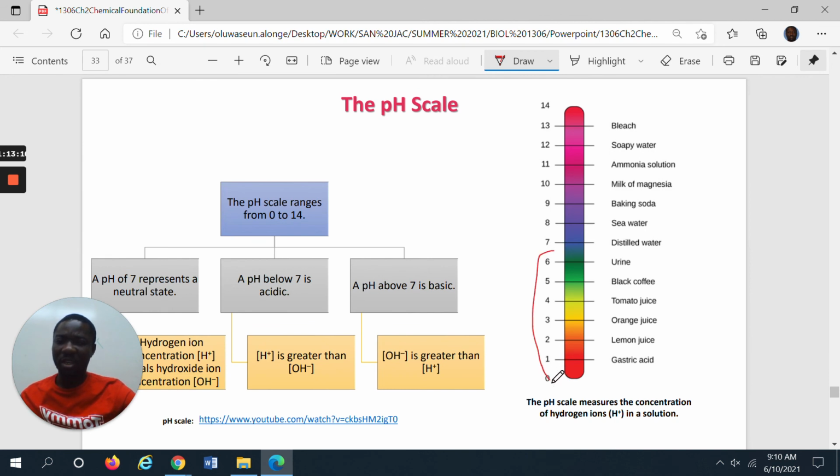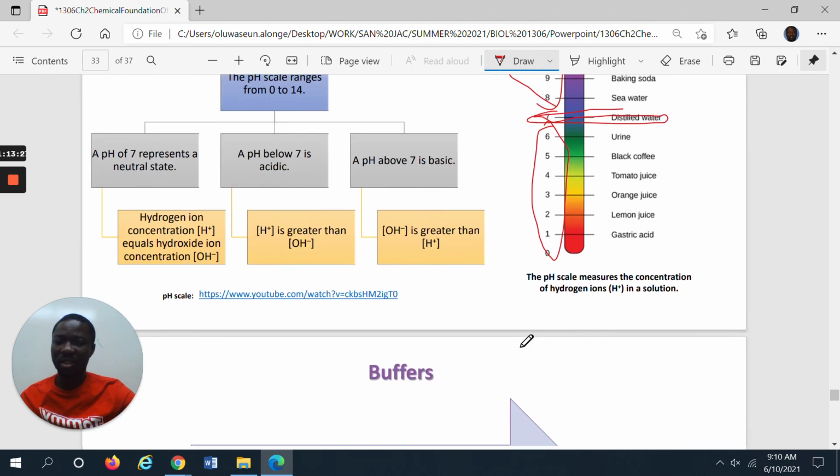Everything here is more acidic and everything here is more basic. So the higher number is basic, the lower number is acidic. This is neutral, and that's why you see distilled water here. It's neutral.